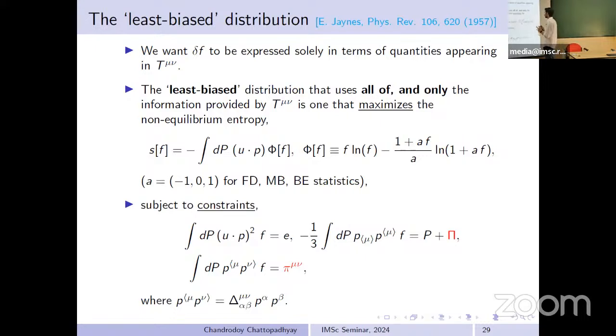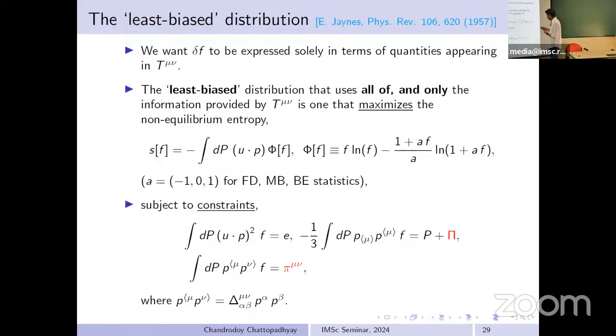Now, how to construct such a delta f? We take the entropy route: the most probable distribution that uses all of and only the information provided by T^{μν} is the one that maximizes the non-equilibrium entropy, which we introduced before, subject to constraints that the function also reproduces the instantaneous values of the energy density, the isotropic pressure, the shear stress, and so on.